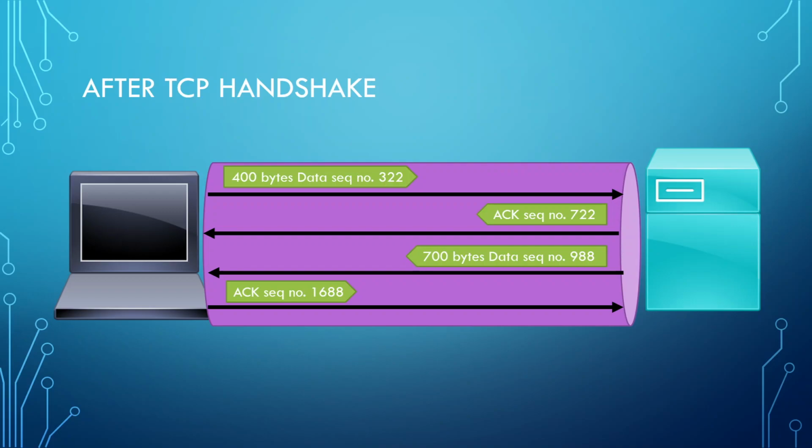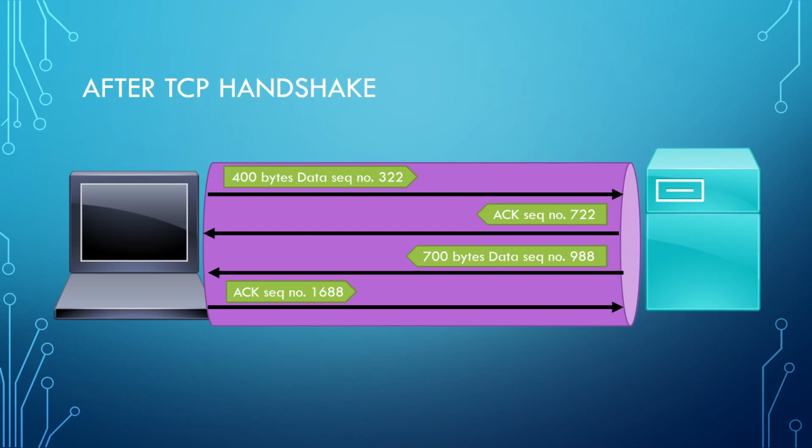So it's going to say, I've received that TCP packet and the 1000 bytes of data you just sent me. I expect the next packet you send to have a sequence number of 1722, because that's going to be the sequence number assigned to the first byte of data in that packet. It's literally as simple as that.